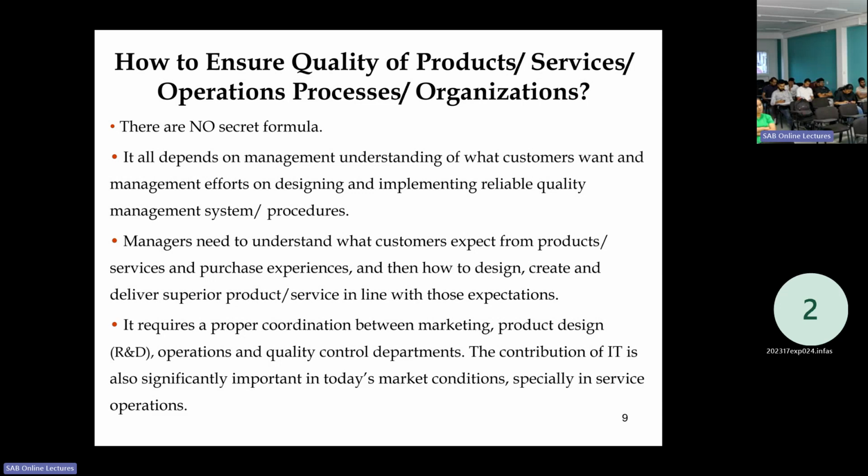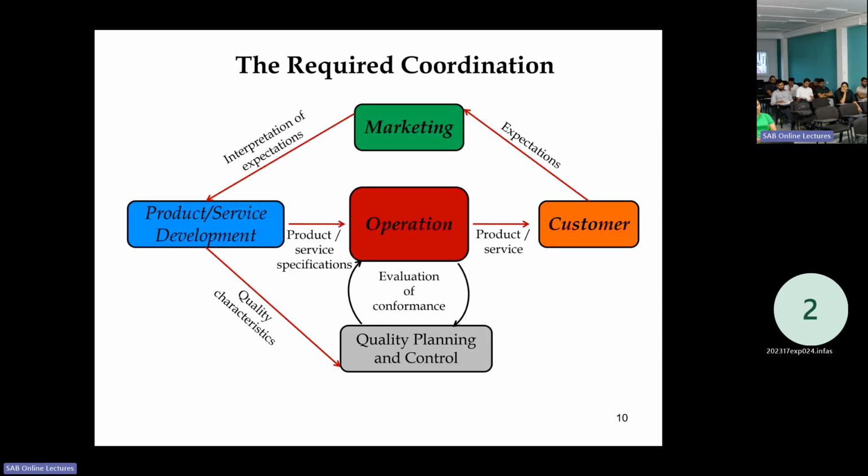And in other industries, maybe even IT, business services and others, other important departments should also function. So what you see on slide number 10 is the required coordination between departments to practice quality management.